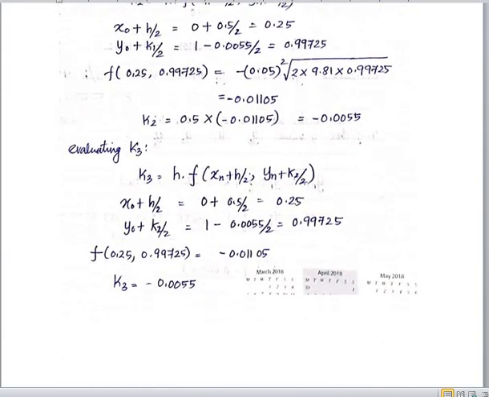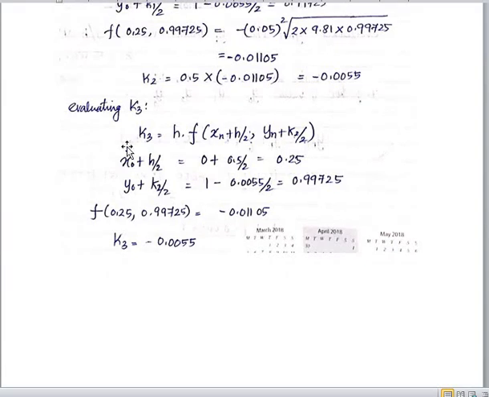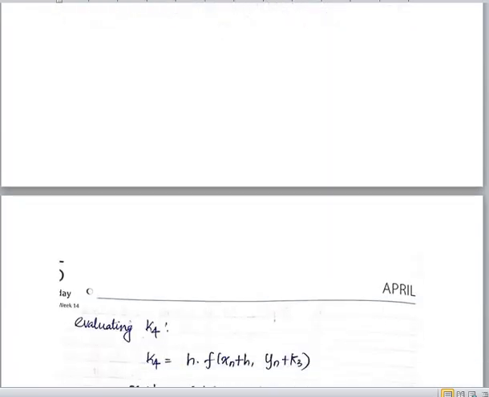The next step is evaluating K3. The same way we have evaluated K3. In this problem you can see that the K1, K2, K3 values are similar in nature, but for other problems you may not get that. For K3, the one difference is y n plus K2 by 2, so the previous K value has to be taken into account in evaluating the function value, and this is the K3 value. For K4, the formula is a little changed.